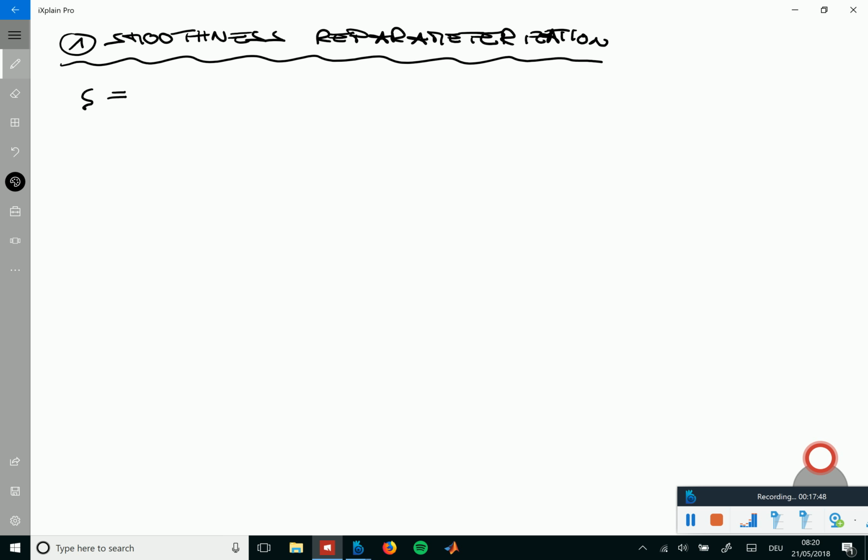If we talk about the three-dimensional case, and we will only talk for smoothness reparameterization about the three-dimensional case because it's in the application to fMRI, it is expressed as the following.